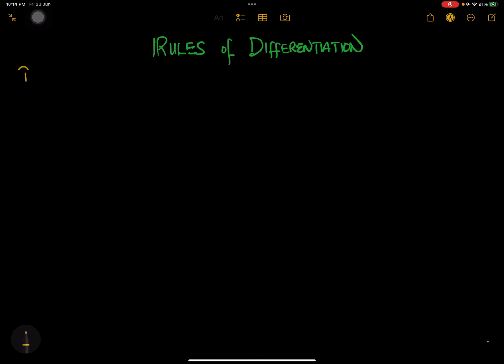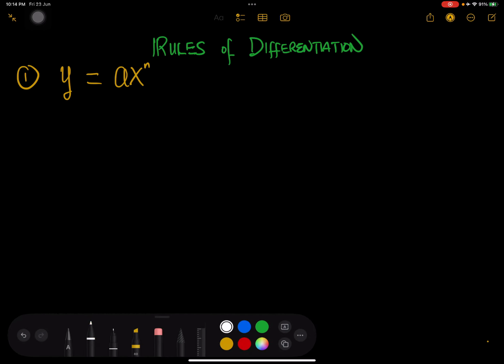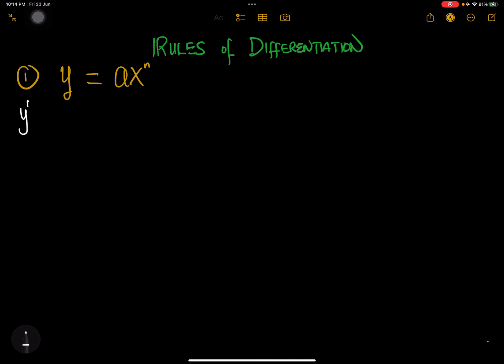Remember, the first rule says that if we have y equals a multiplying x to the power of n, we give the rule, but I want us to go into how we arrive at that. Now, to be able to do that, we say that our y prime, which is the first derivative or the differentiation of y with respect to x, dy dx, is equal to taking the a and multiplying it by the power n, and then also taking 1 away from the power n.